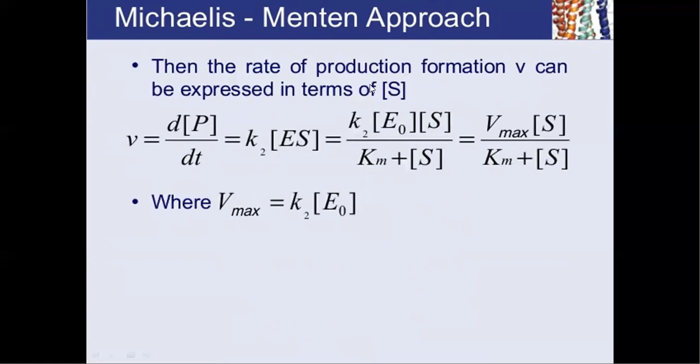That means the rate of product formation V can be expressed in terms of S. The K2 reaction, which is multiplied with ES, will give V. So V is the rate of reaction, which is equal to dP by dt. dP means the change in products with respect to time. If more products are obtained with respect to time, that means the velocity of the reaction is higher.